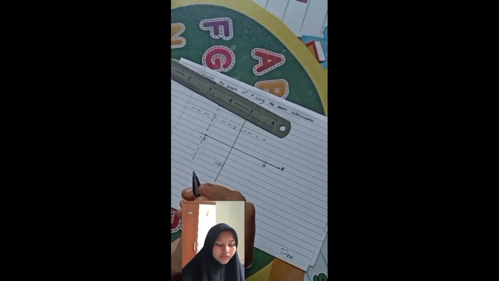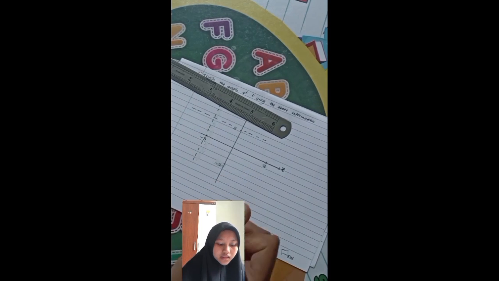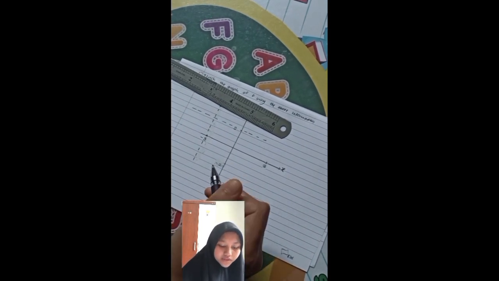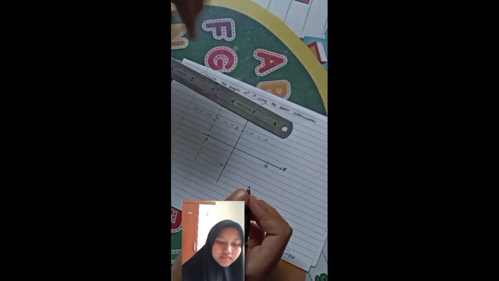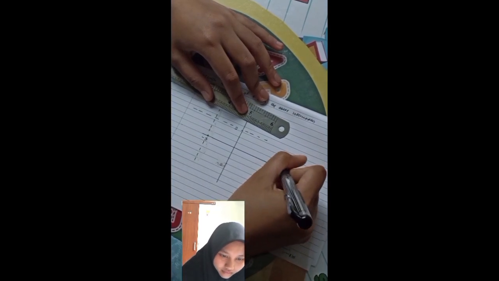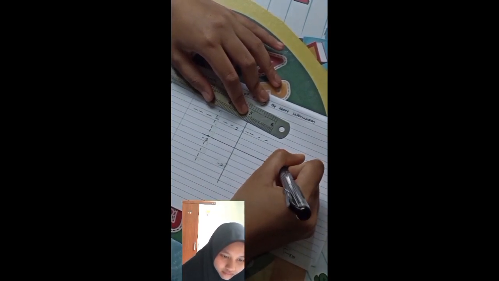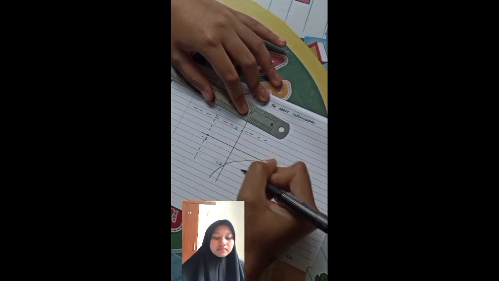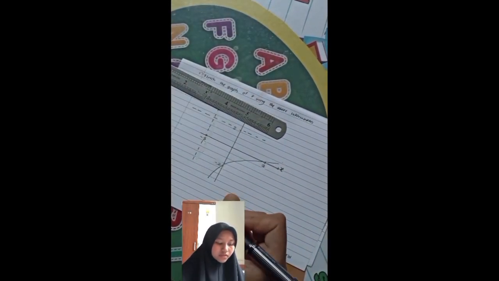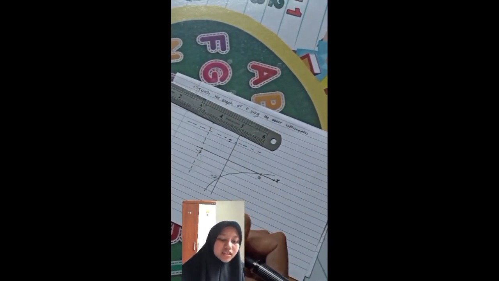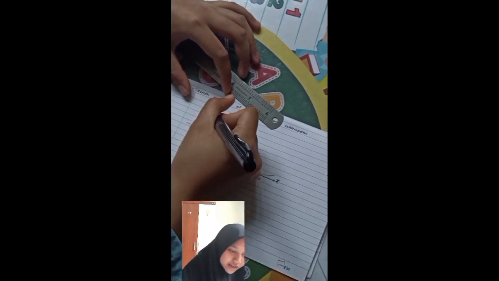Then draw a curve that touches both the negative 2 and 3 points. At the vertical asymptote the value is undefined, so the curve will be like this.